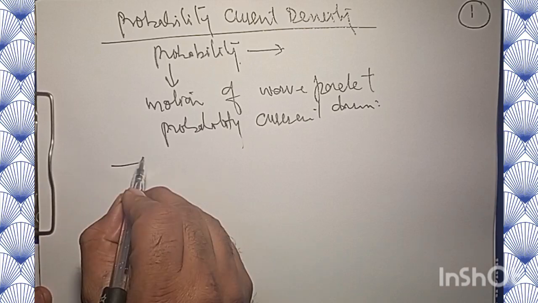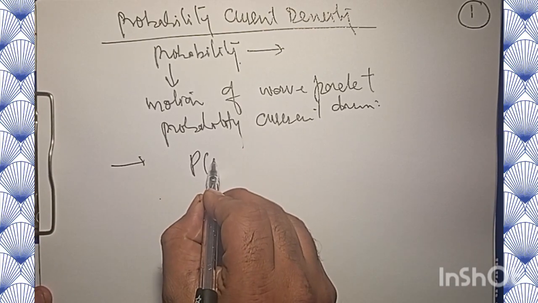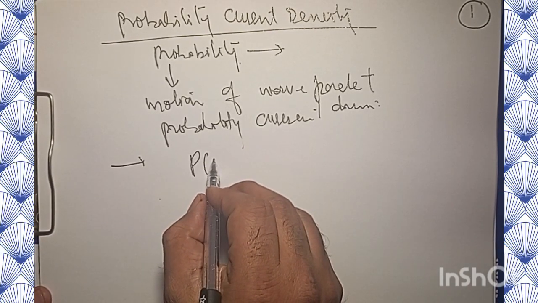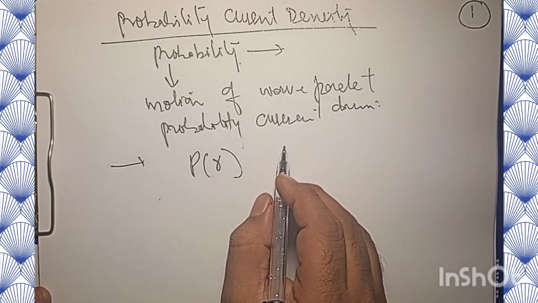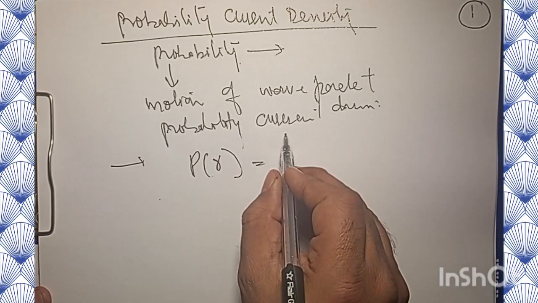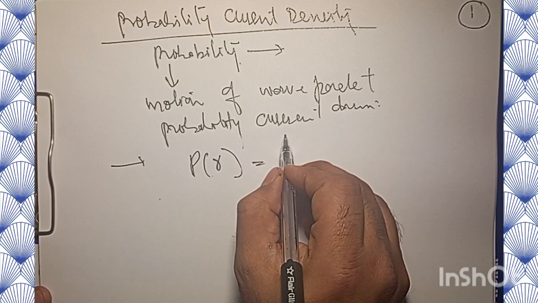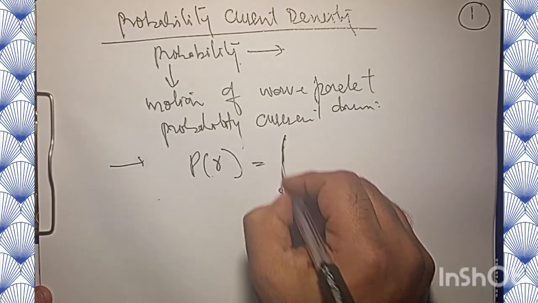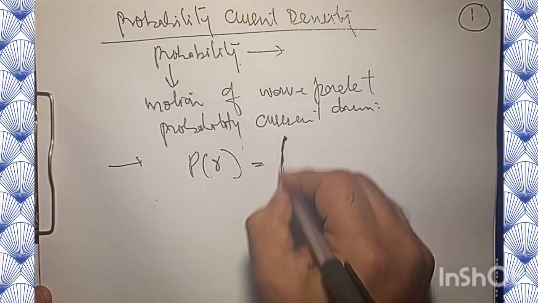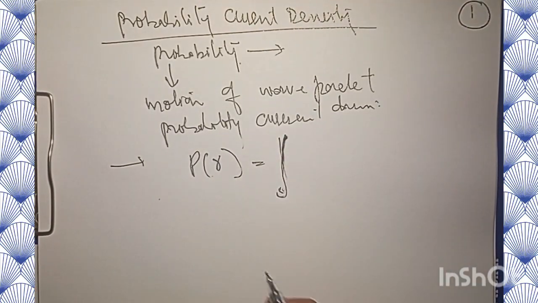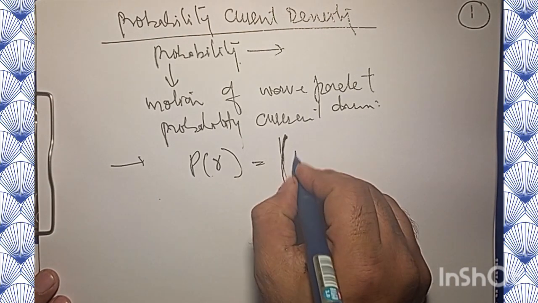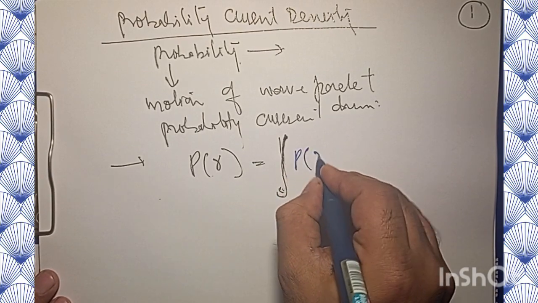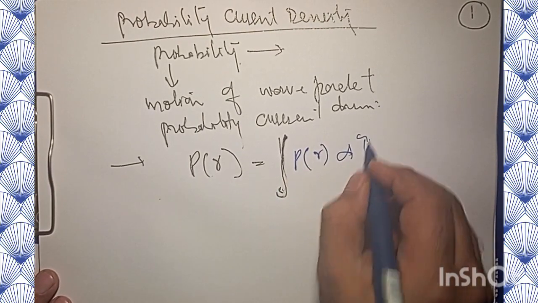Now, if I assume that the probability density that we define as P of R is the probability density, and how do we define it? If I have to calculate it over a volume V, I'll define it as P of R d tau.